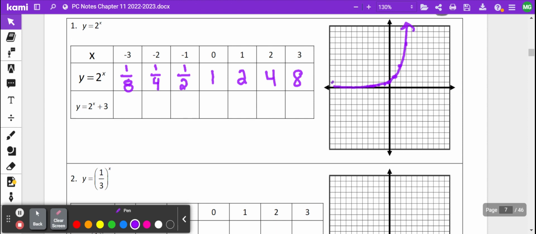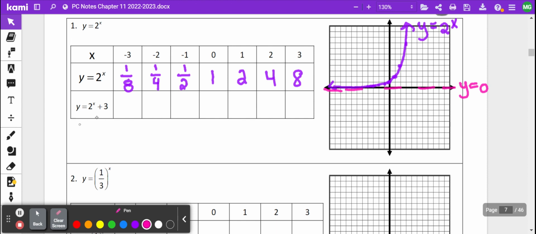So the function looks like this, and that again is y equals 2 to the x power. A couple things I want to point out. We will have an asymptote here at y equals 0. Again, our numbers creep slowly, slowly, slowly up, and then boom, they shoot up really fast.